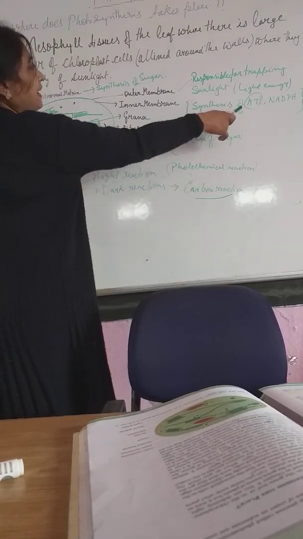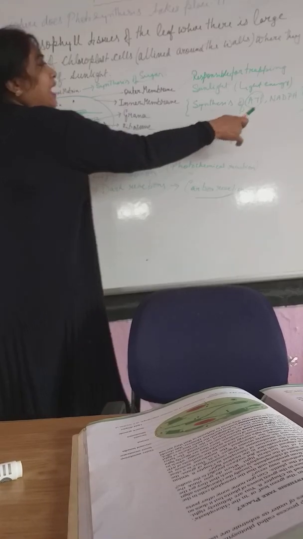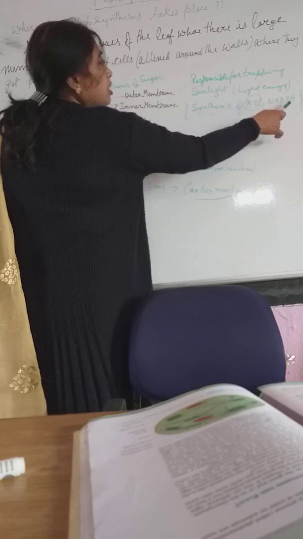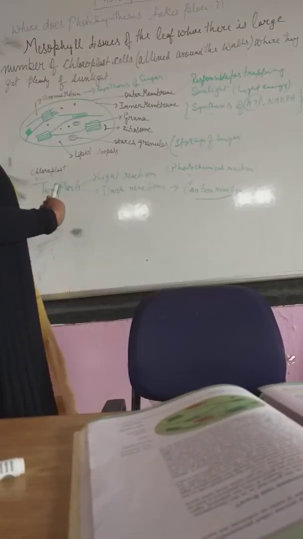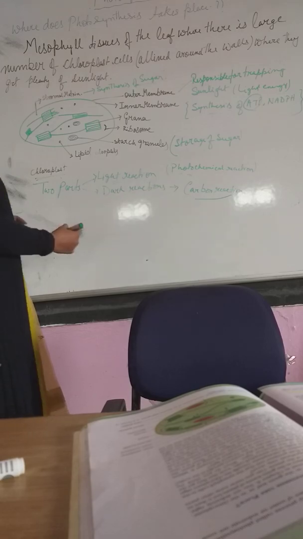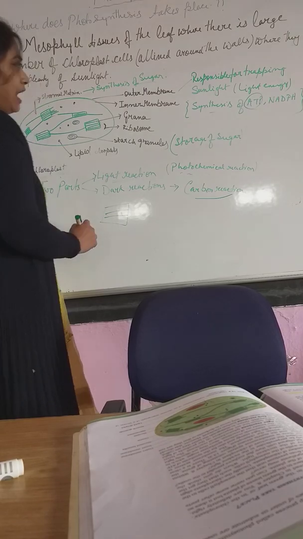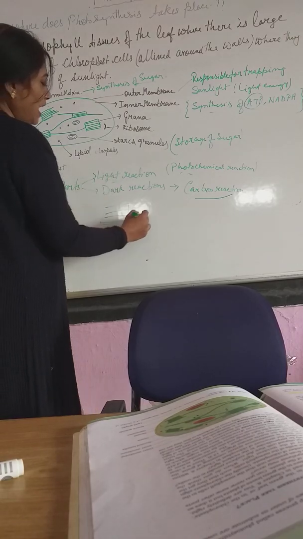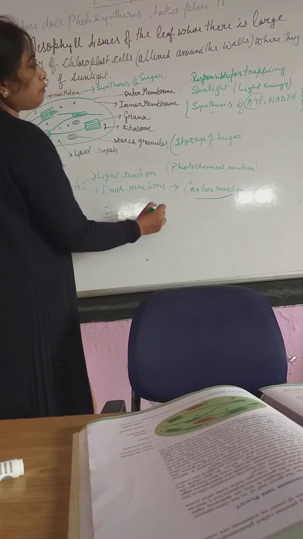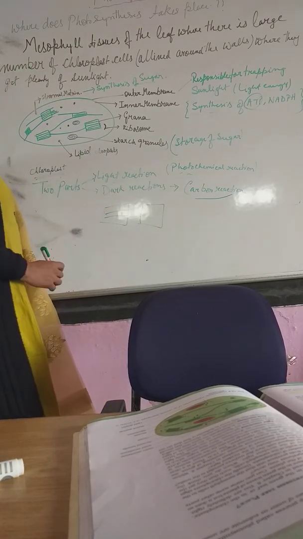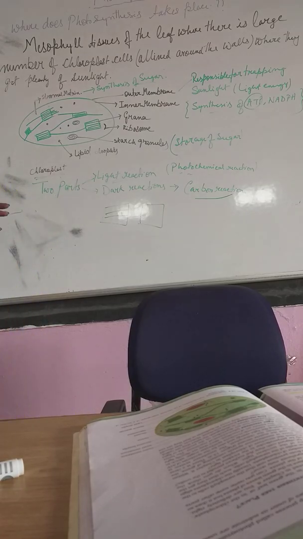For example, ATP is produced and then used, and NADPH is reduced, so NADP is again available for the light reactions. If it is a cart, it is loaded with sugar and other things in the light reaction, and in the dark reaction the cart is empty again so that it can be filled up with sugar and energy molecules. In the next part we will be dealing with the light reaction and dark reaction.